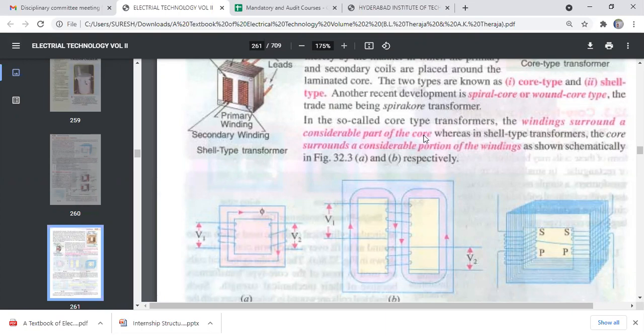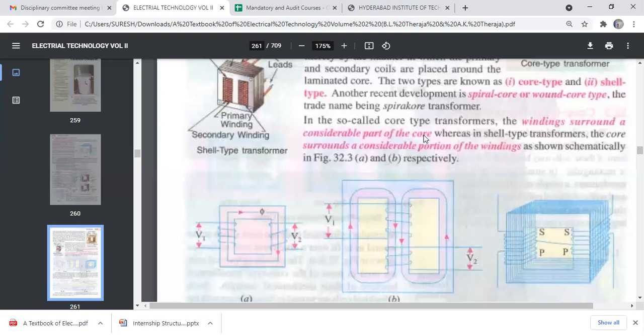In core type, maximum part of the core is surrounded by a coil, which means almost the entire core is covered by the coil. That is the meaning.